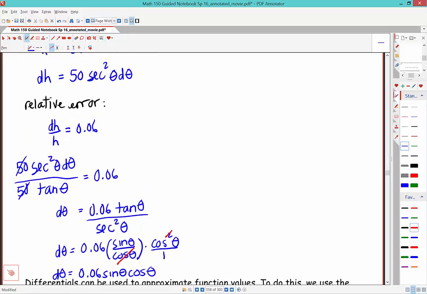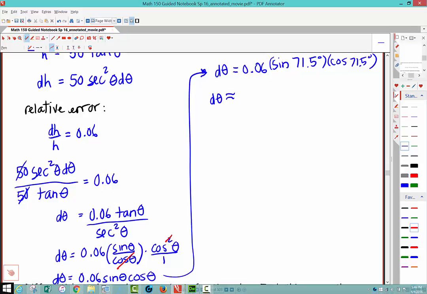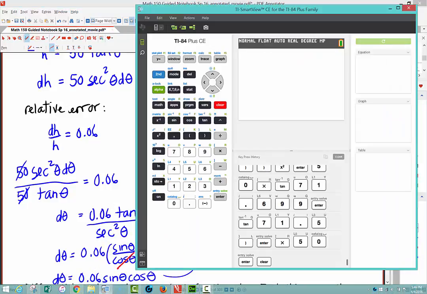So let's plug in the numbers we have. Come back up here. So we'll have d theta is equal to 0.06 times sine of our 71.5 degrees times cosine of 71.5 degrees. So d theta will be approximately, let's get out our calculator, make sure that you're set in degree mode.